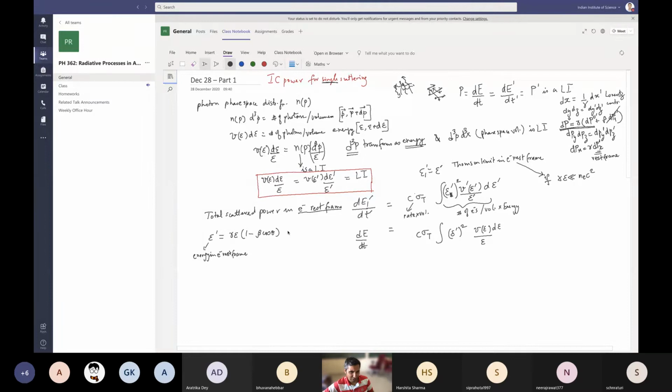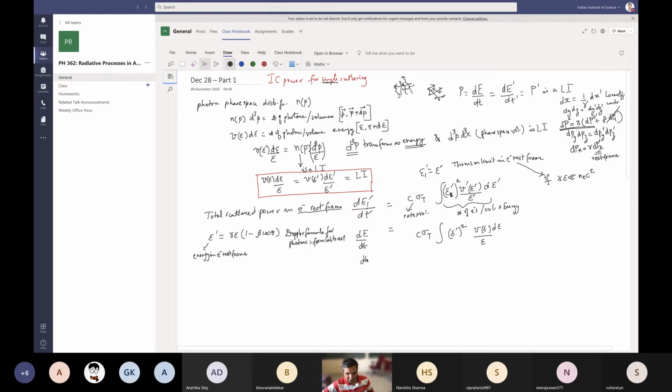This is just the Doppler formula for photons going from the lab to the rest frame.